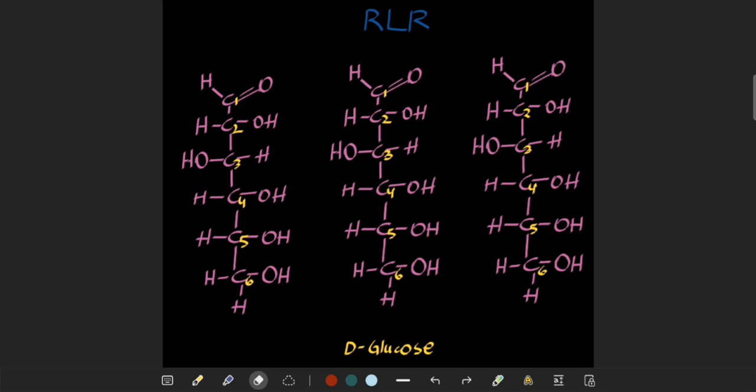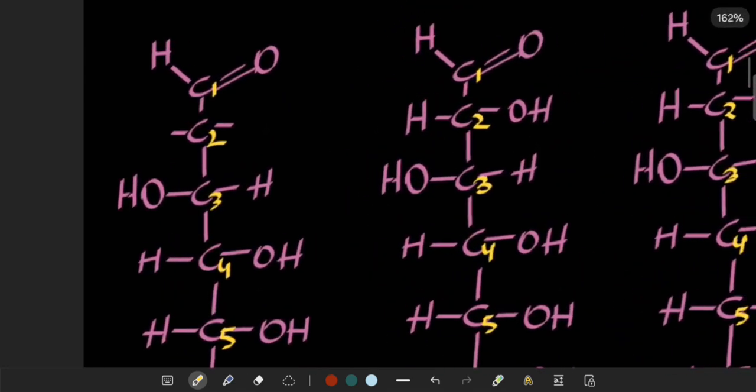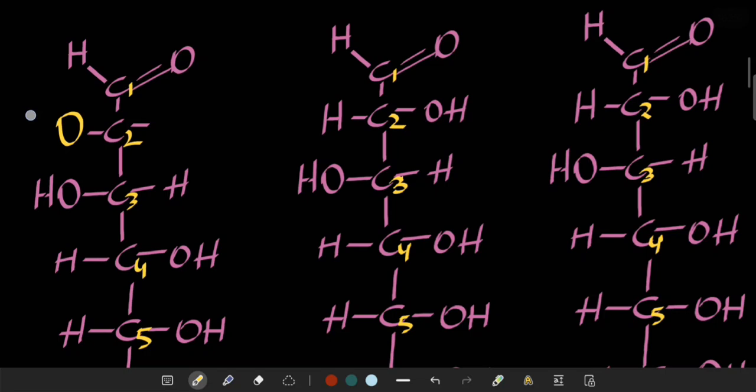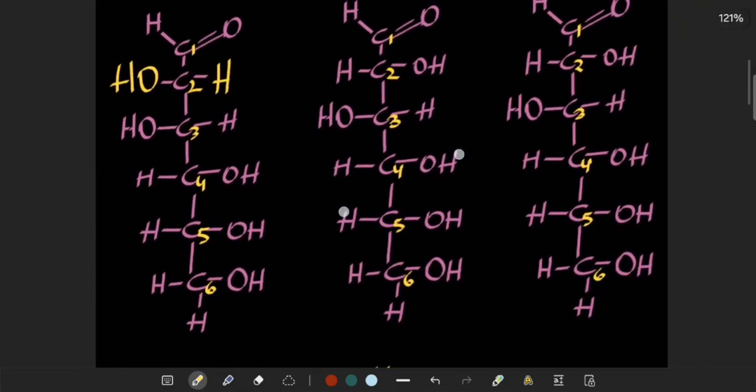But I'm going to rub out this OH and this H, and I'm going to put the OH on the left side and the H on the right side. Can you see there is a slight difference in the arrangement of the atoms now?